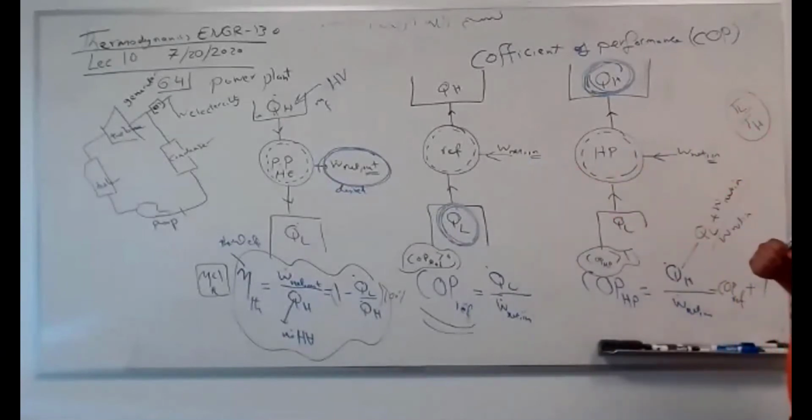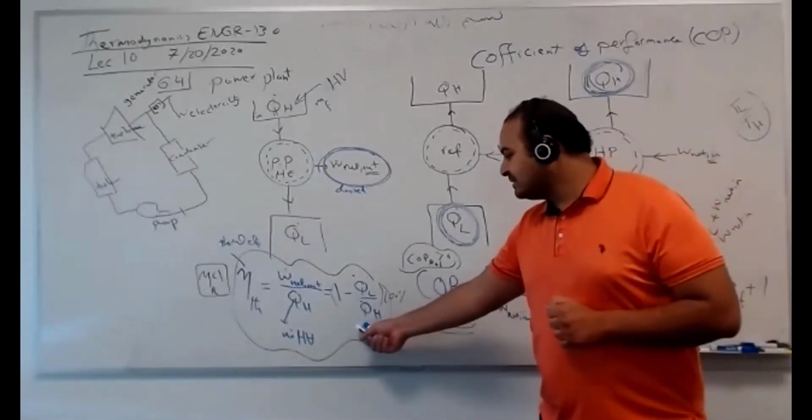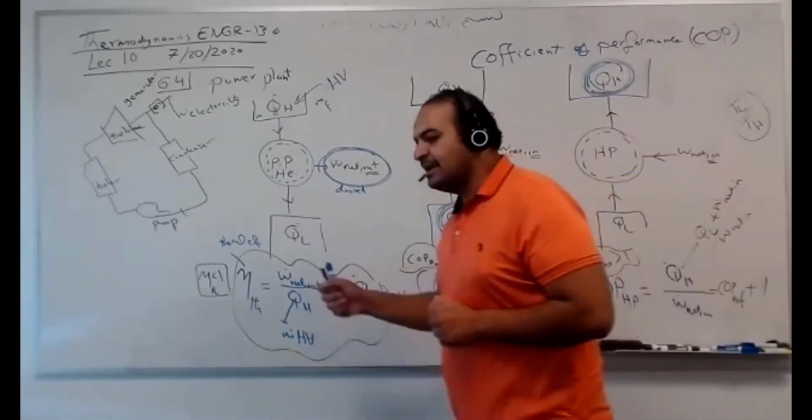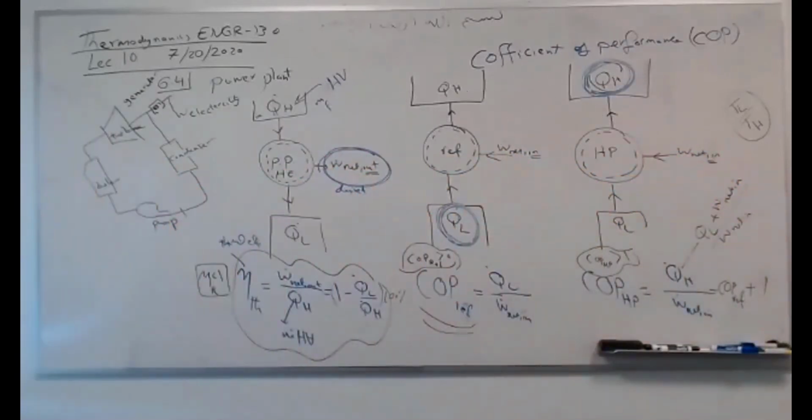Here, I pay heat. And that's what I get finally. So you need to ask yourself, what is the output? What is the input? The last two, refrigerator and heat pump, have coefficient of performance. Sometimes they are greater than 1. The first one is thermal efficiency.